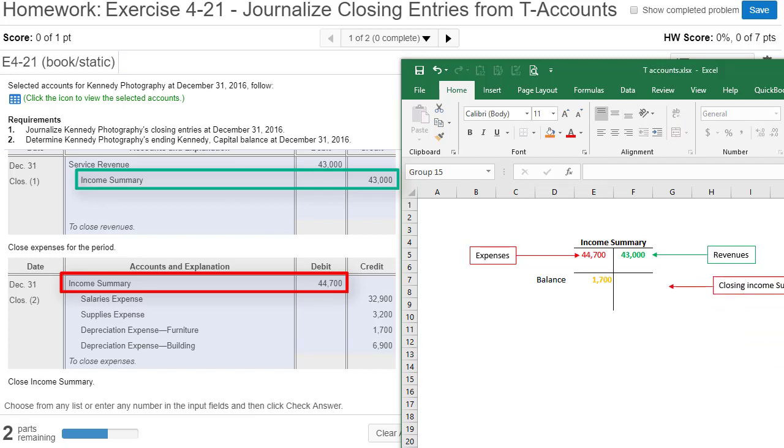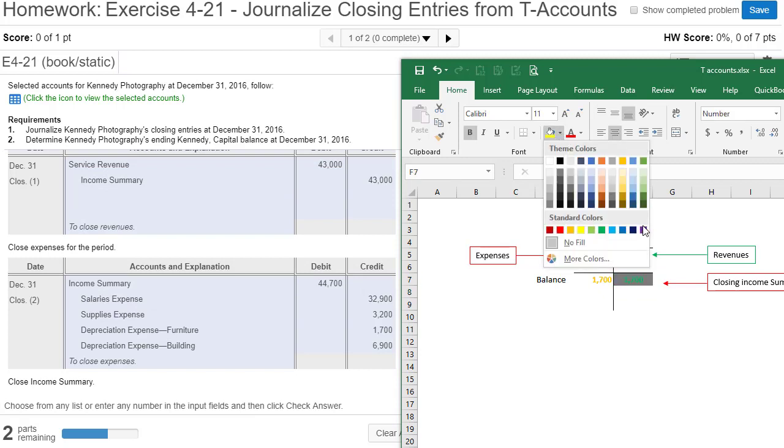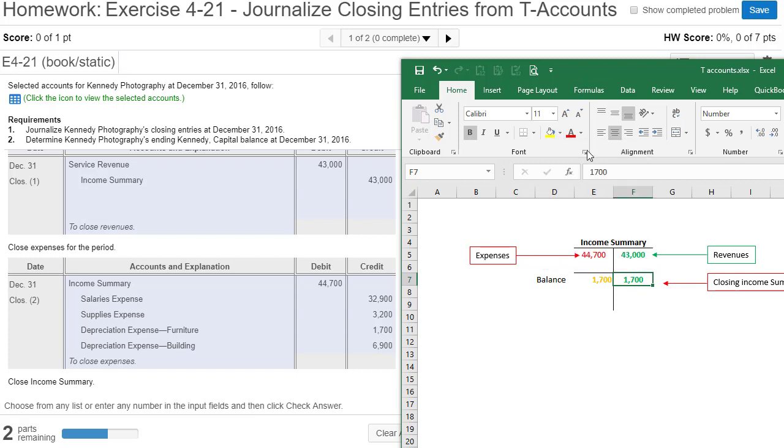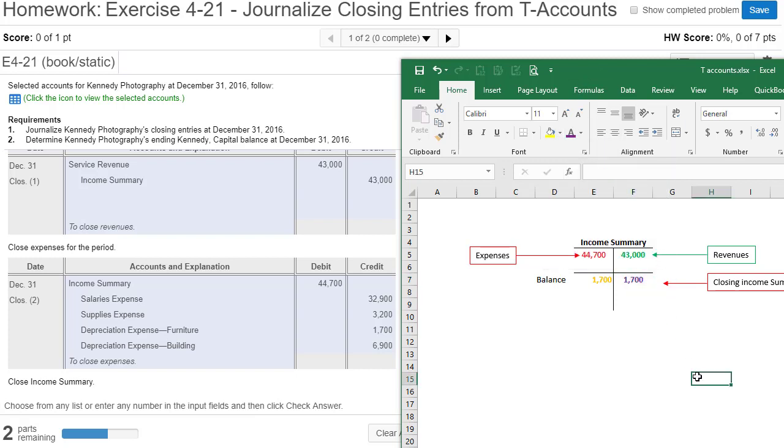So let me put my label here. Always label your T accounts. So I'm going to put 1,700 on this side. Let's just give it a different color. So this is my closing of income summary, the 1,700 on the right side.